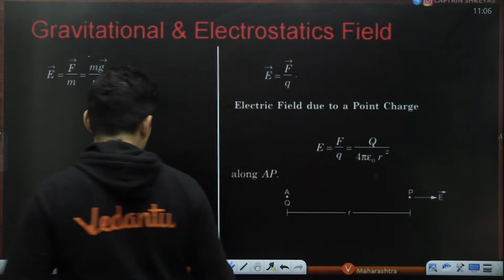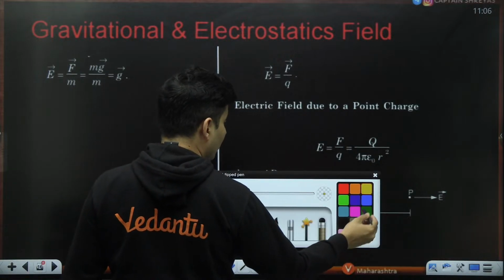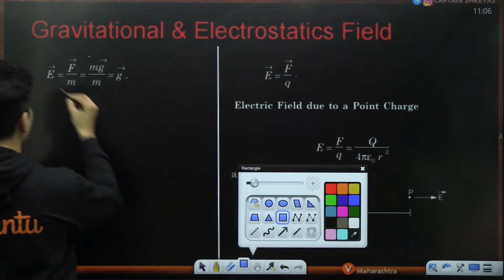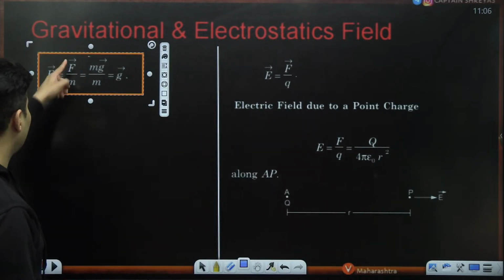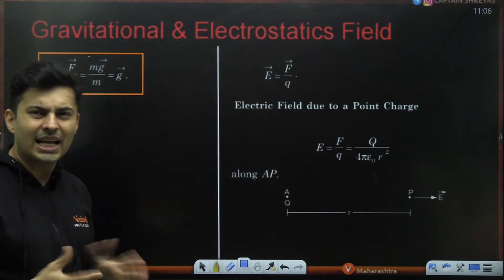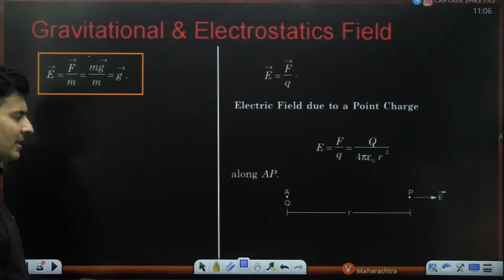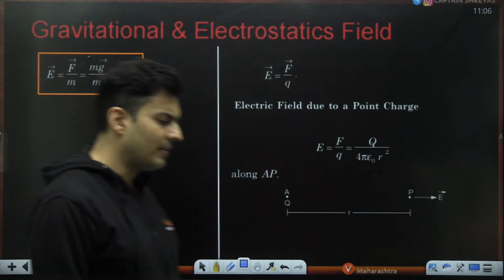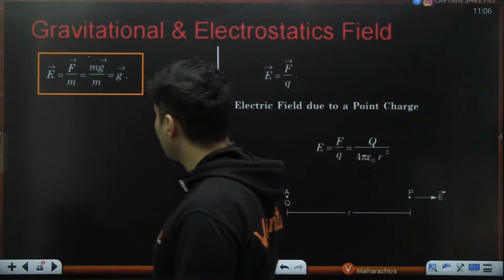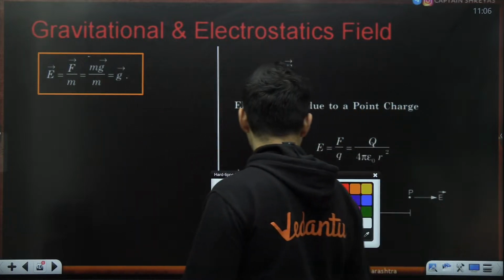So when you talk about gravitational field, the formula is E, which is force per unit mass. So it is something like acceleration due to gravity only.